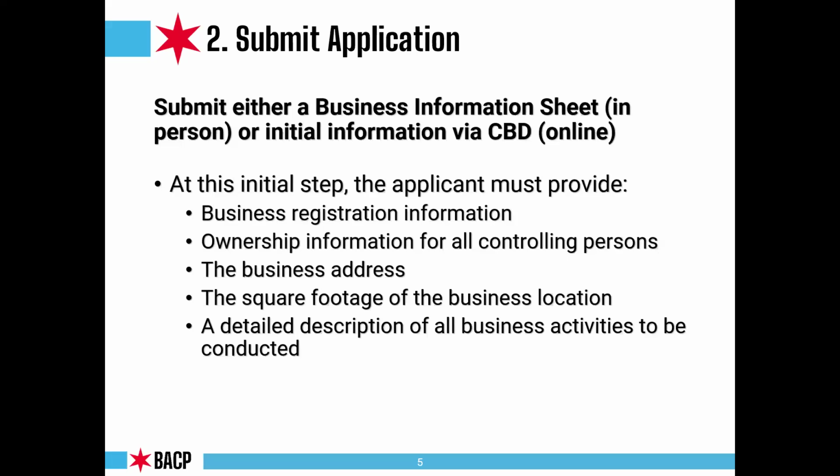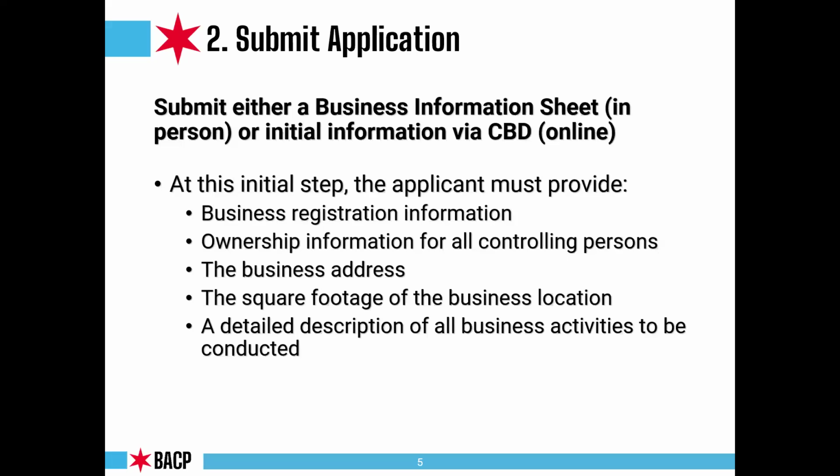And so we need to have the exact address of where it is that you plan on operating. If it's a suite, if it's a floor, we want that information furnished on your application. This is so that your application can get properly zoned, and so that you are licensed in the space where you're allowed to. Again, this is because the licenses in general are location driven.